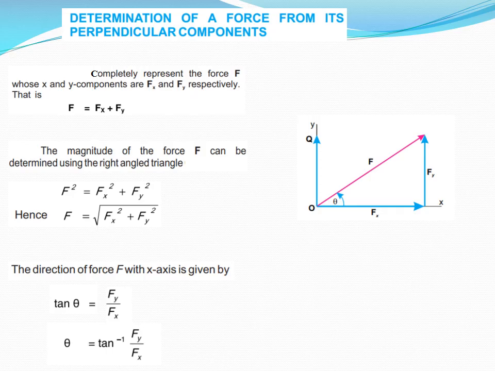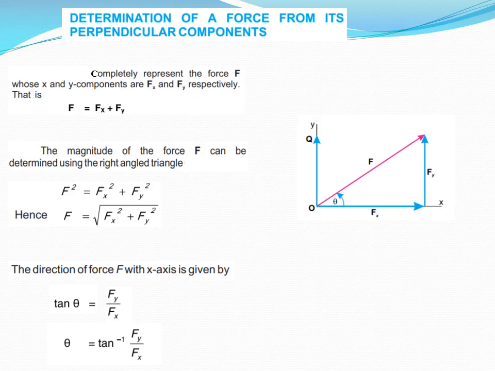Now let's find the direction. The direction of force F with the x-axis is given by tangent. Just like cos and sine, tan is again a trigonometric ratio. Tan is obtained from this right triangle as the ratio of perpendicular to base.